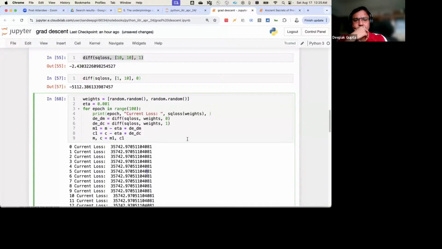No, it's a different thing. This eta is the rate of change: how much do you want to tweak your variable? That one is the limit, the definition, like the minimum possible value.